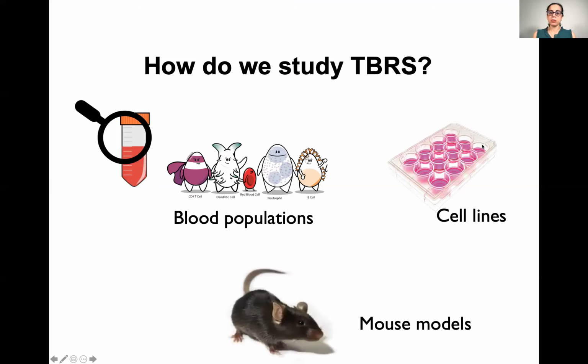But what we also do is we make mouse models that recapitulate the same mutation we see in the human, which tells us a lot about the behaviors. We know that mice and humans are not the same, but because mice are in a laboratory setting, they really help us see some of the phenotypes and study them further in a really controlled environment. So that's why mouse models are really important.